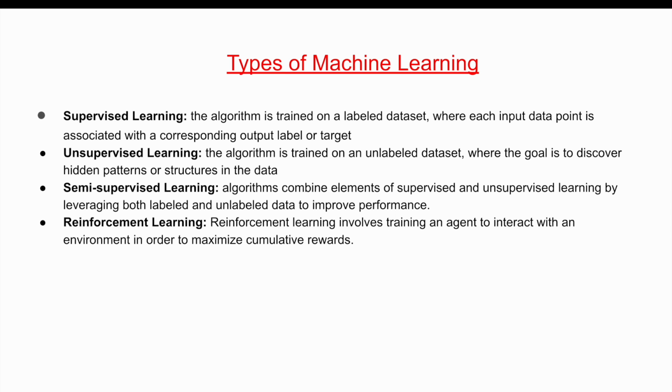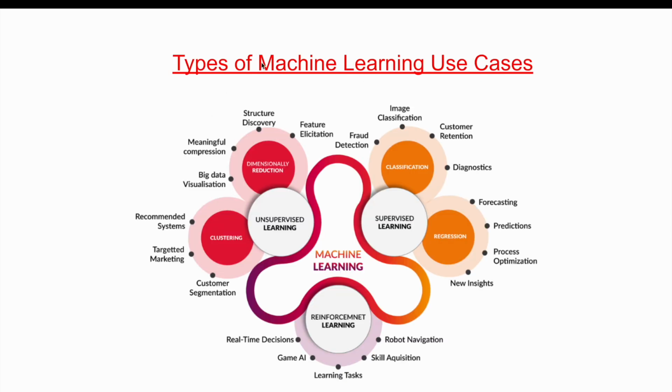The agent learns through trial and error. It receives feedback from the environment in the form of rewards and penalties. I think we covered this a little bit earlier in our discussion. So I will go to the next slide.